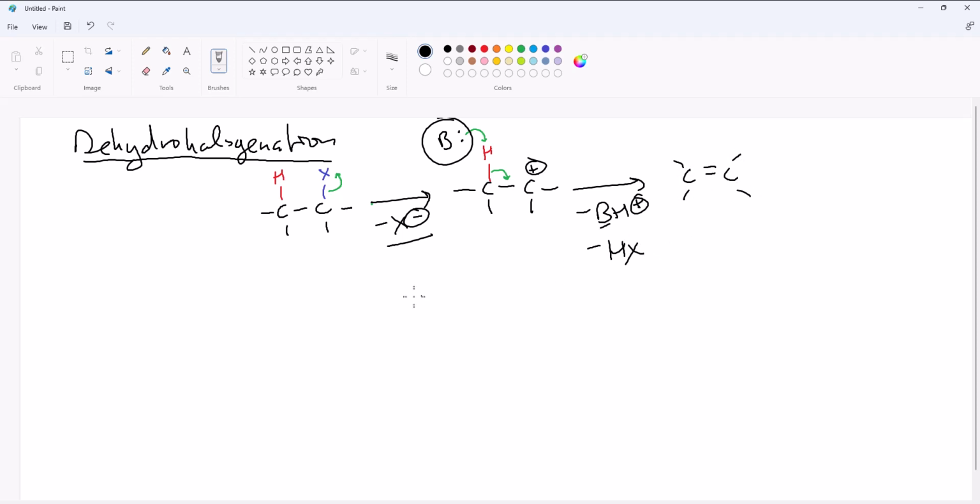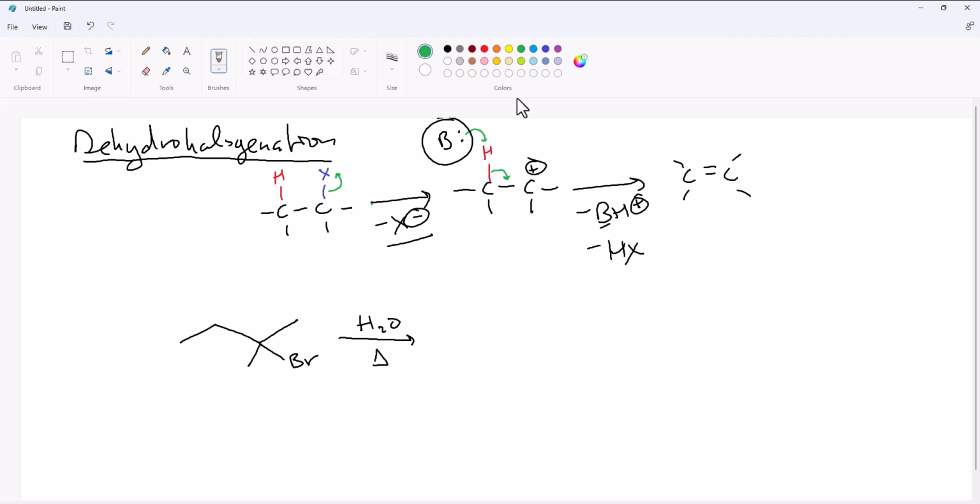So let's look at an example of this. Let's say we have this type of alkyl bromide, a tertiary alkyl bromide. Usually these dehydrohalogenations, if they are truly following an E1 mechanism, might be a solvolysis type reaction. So say we're doing this in water, and there's heat.